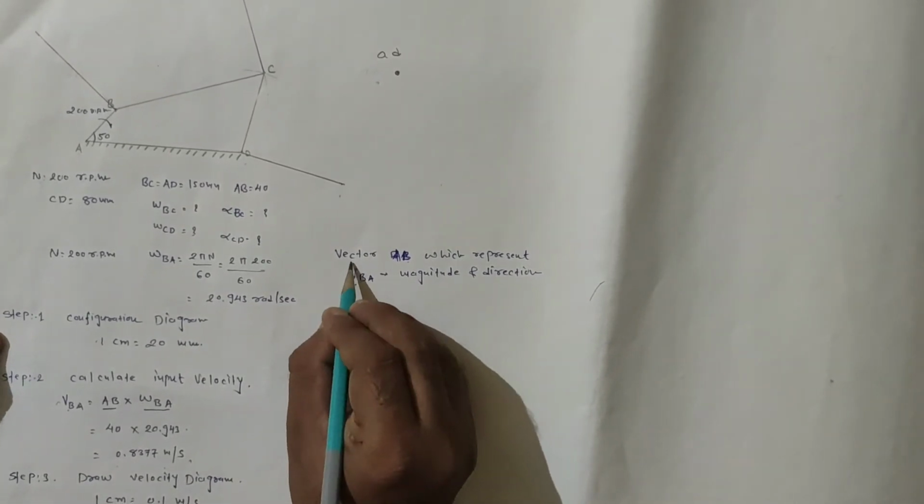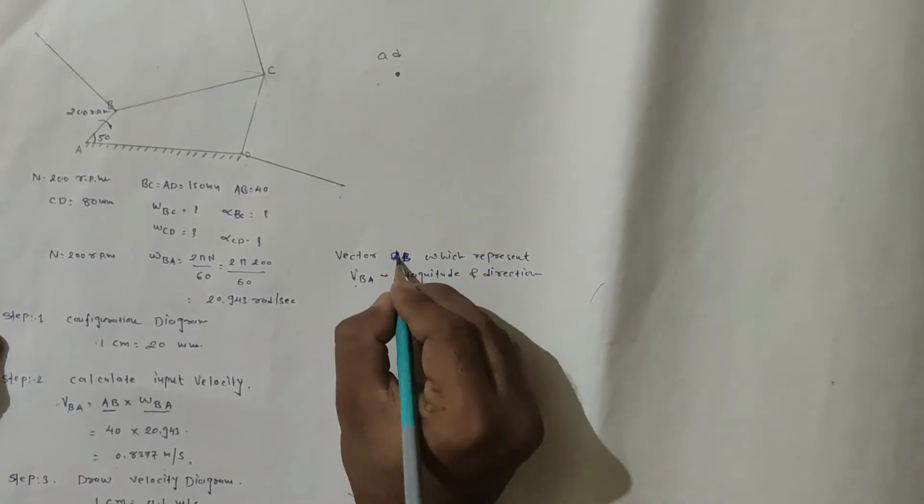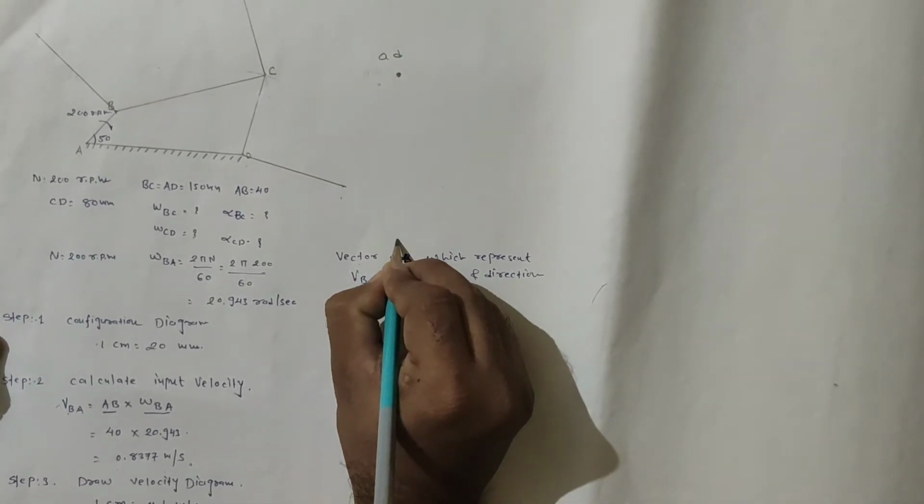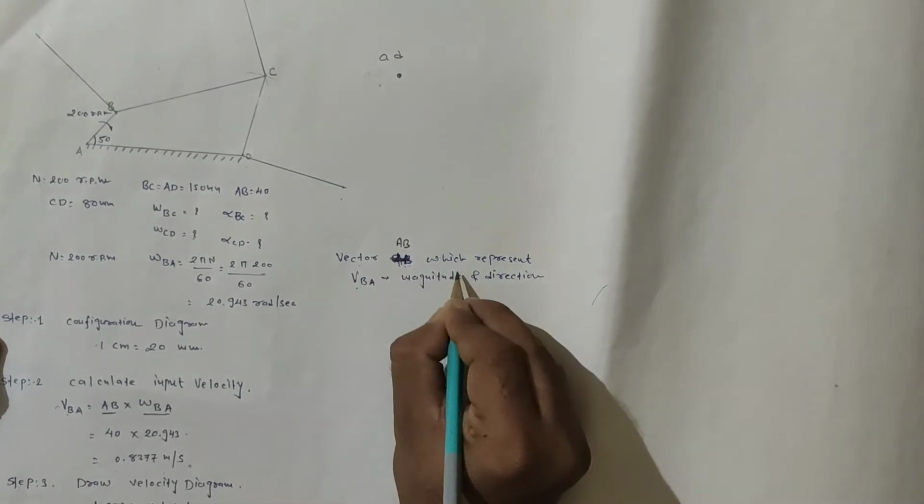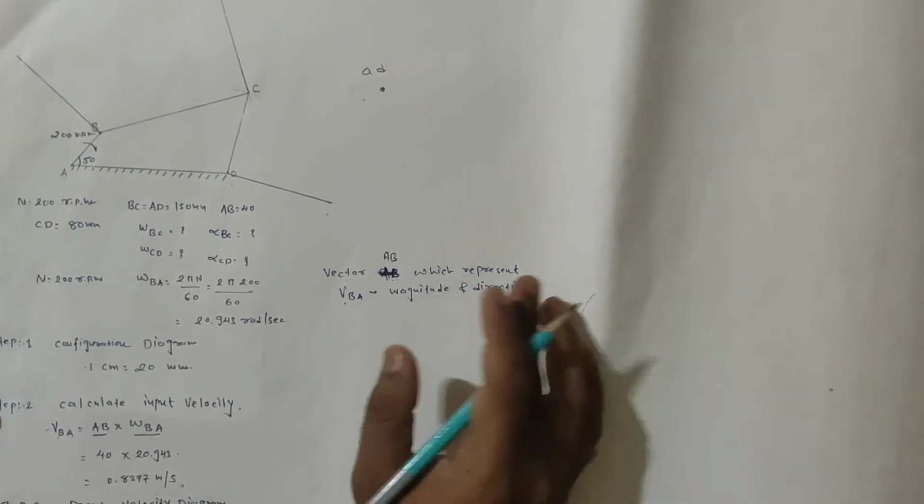To draw the velocity vector, vector AB, not BA, this is vector AB, it requires magnitude and direction. If there is no magnitude, we can consider any dimension. So I have to draw one line.